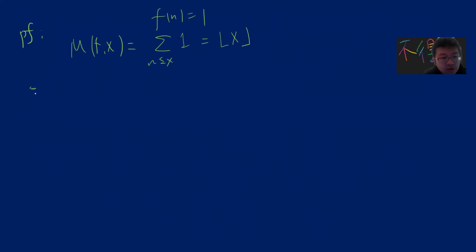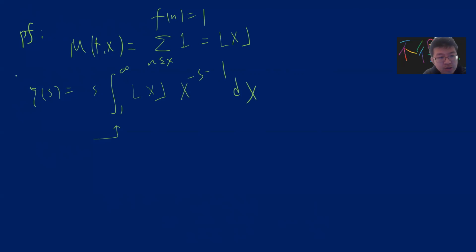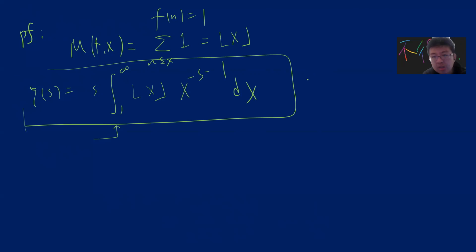Now we have zeta of s divided by s, the integral from 1 to infinity, using the previous formula, of x to the minus s dx. This is just the Mellin transformation, which we just proved. So now we just combine and write these terms.